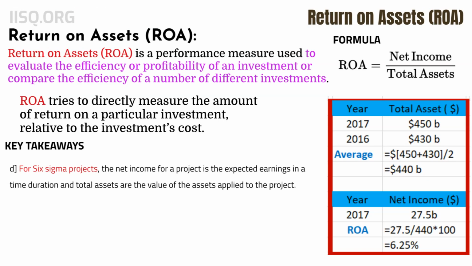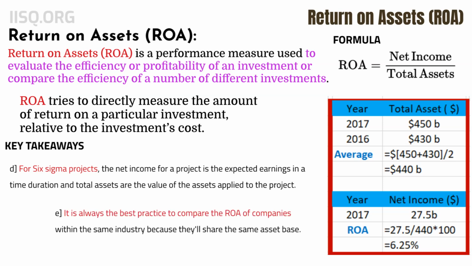For Six Sigma projects, the net income for a project is the expected earnings in a time duration and total assets that are applied to the project. And at last, while understanding the comparative results, it is always the best practice to compare the ROA of companies within the same industry because they all share the same asset base.